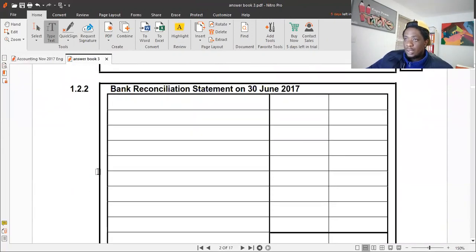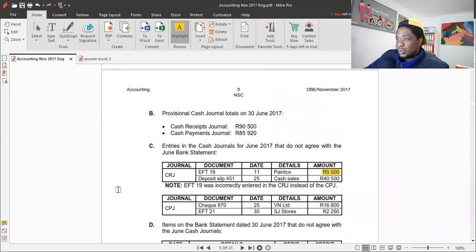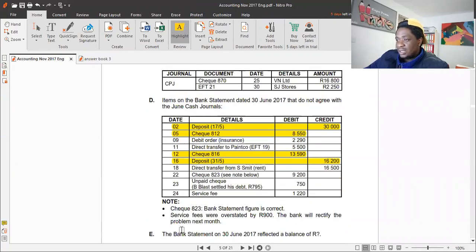So the first thing that you need to put in the bank reconciliation statement is obviously the balance as per bank statement. The information given here says the bank statement on the 30th of June 2017 reflected a balance of R. So we don't know. It will probably be a balancing figure.